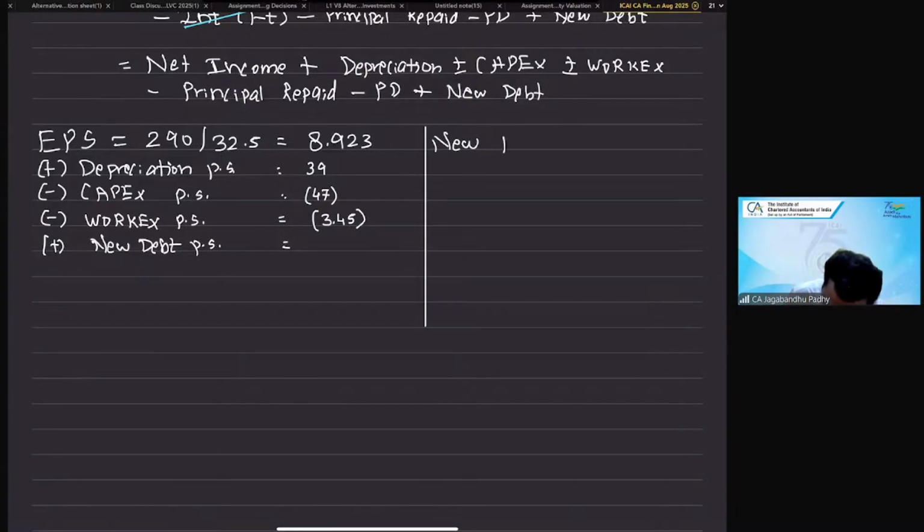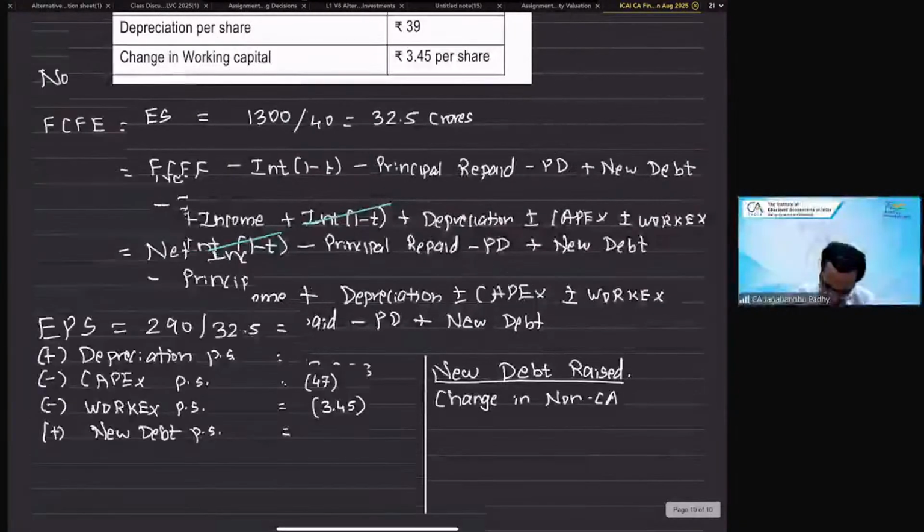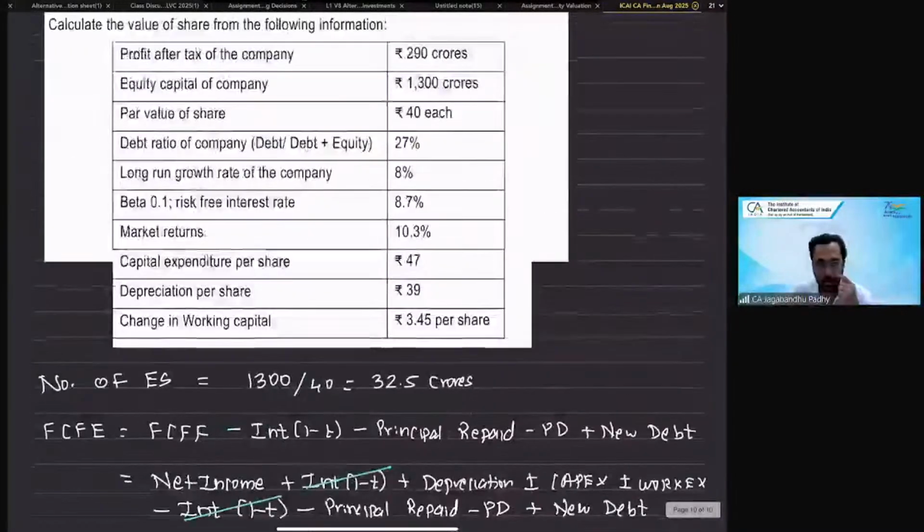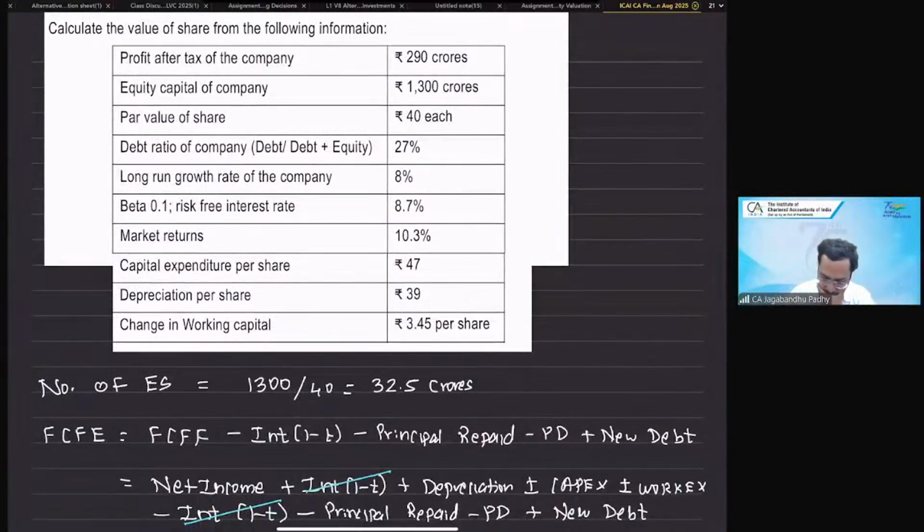New debt raised. So first we'll talk of what is the change in non-current asset. You can see the capital expenditure is 47, and the depreciation is 39.